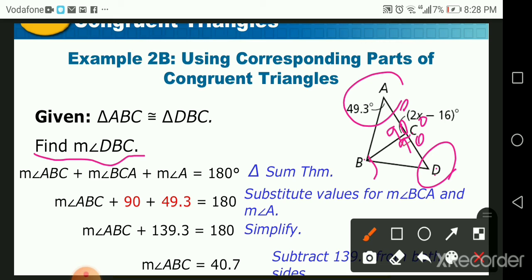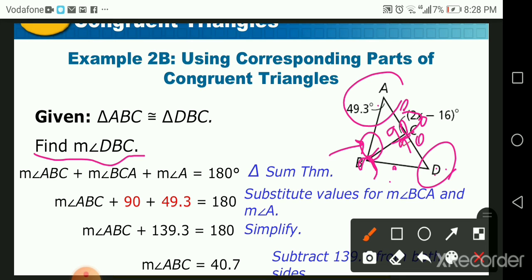I have two ways to know the angle. He asks me for angle DBC, this one. How can I get this one? This is 90, given. I will search for a triangle that has two given angles, 90 and 49.3. So it's very easy to find this one.